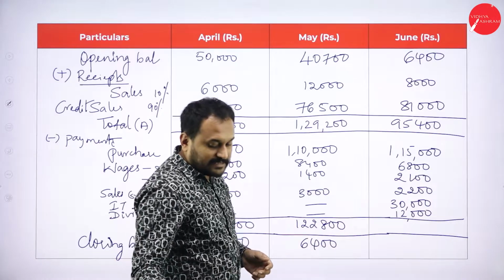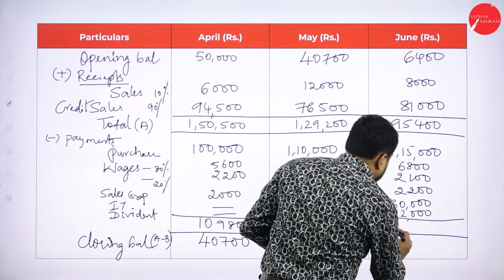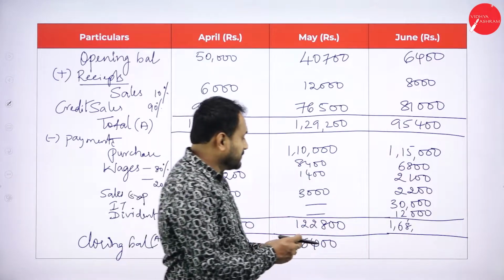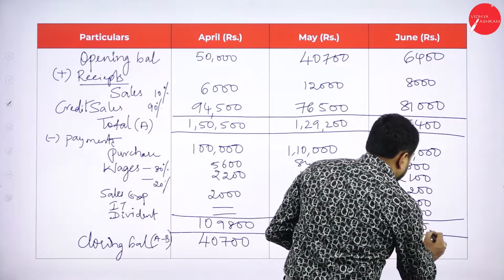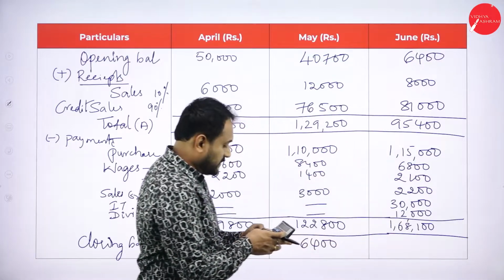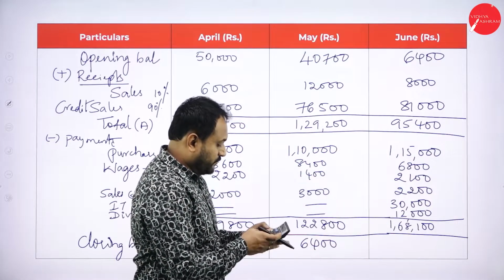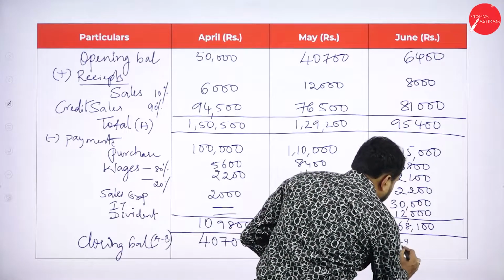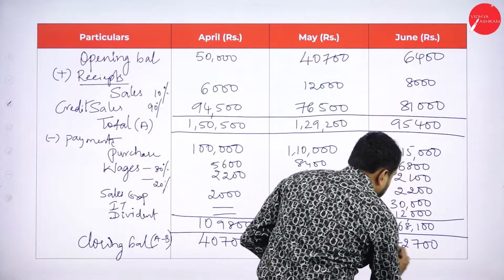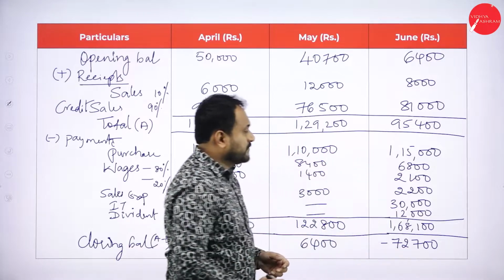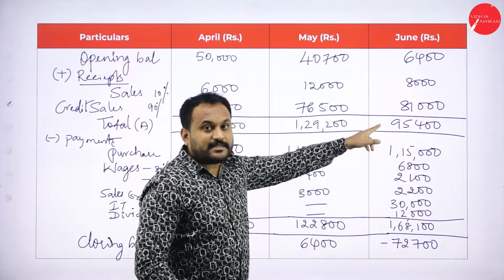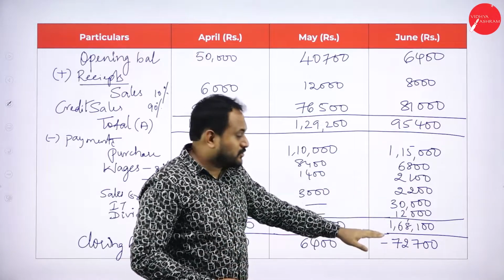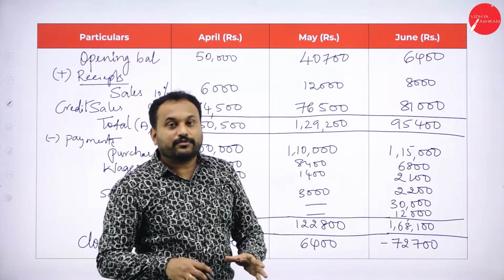So we have 1,68,100. 1,68,100 minus 95,400. So 72,700, but negative. That means receipts are less, payments are more. So what happens is now I need to go for overdraft.